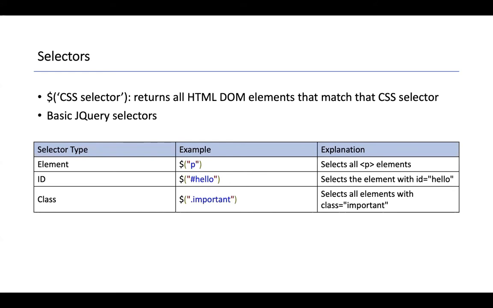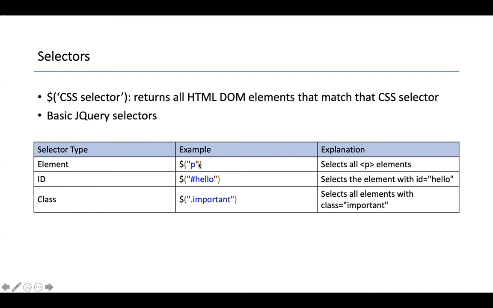Okay, so the first thing jQuery did was it introduced a way to select objects using the CSS selector. So if you just give it a $ sign and a string with a CSS selector, it will return all HTML DOM elements that match that selector. And as I said, native JavaScript has basically integrated this type of selector with the querySelector command.